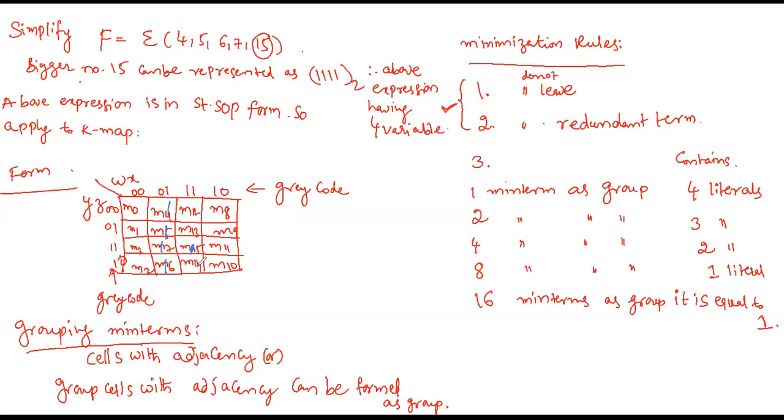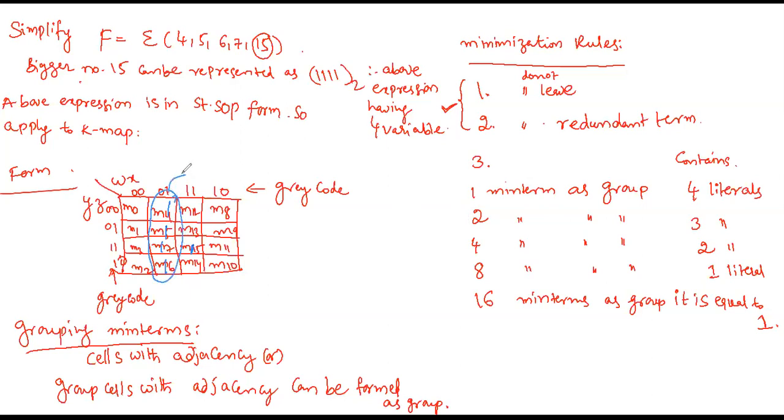Keeping in mind the general guidelines, first you need to look for the bigger group of minterms. How many minterms are we having? Only 5 minterms. We have to look for the bigger minterm group. See, these 4 minterms have adjacency. You can check it later.